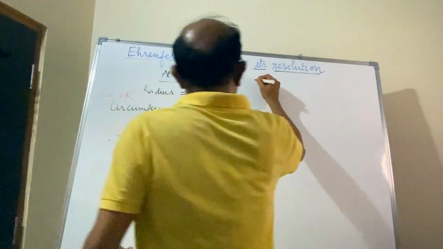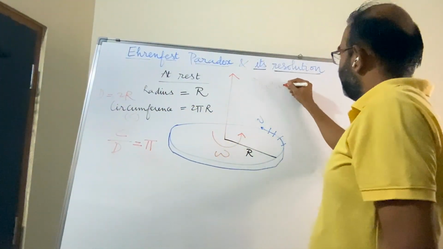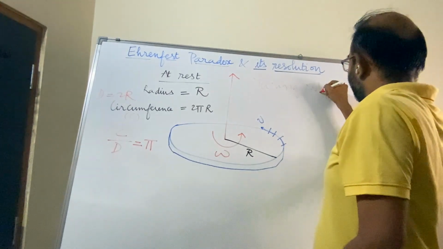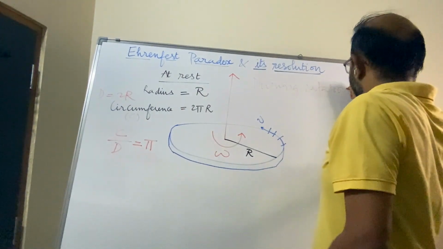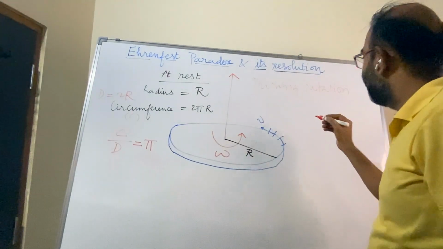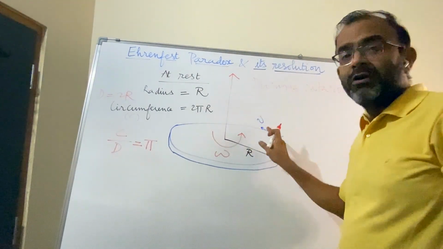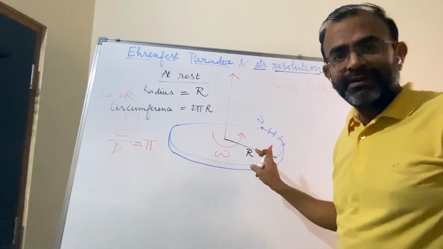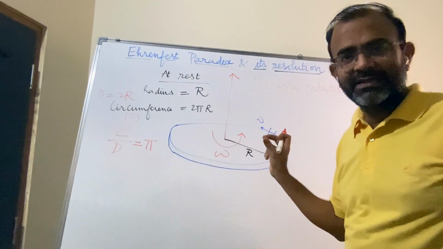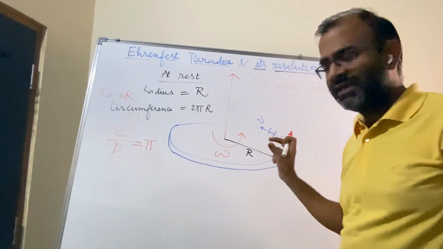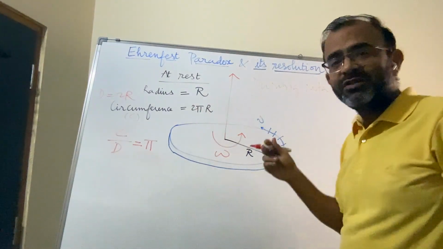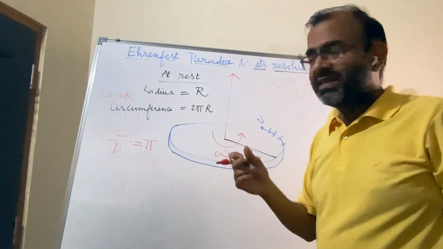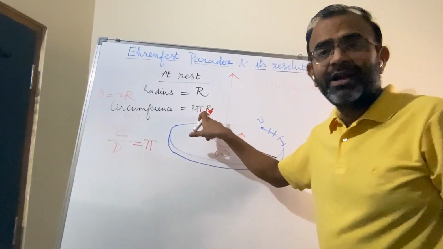Now, during rotation, according to special theory of relativity, the elements of the periphery of the disk have to contract due to Lorentz length contraction, and therefore the circumference should be less than the circumference that it has when it is at rest.